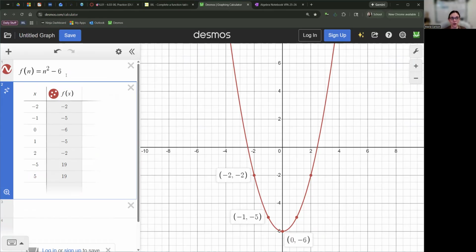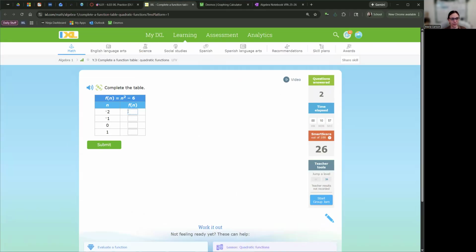When x is 0, then we have this output of -6. When x, or your input, is 0, that's the y-intercept of the graph. And then +1 as an input produces an output of -5. So we use -2, -5, -6, and -5.